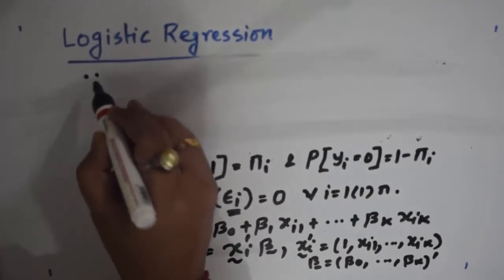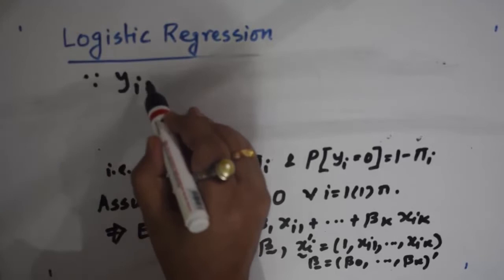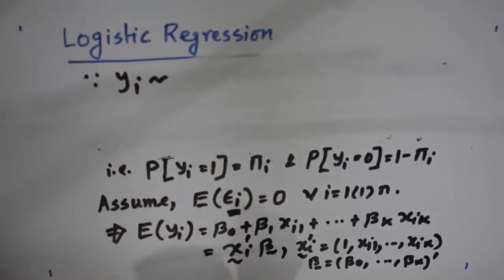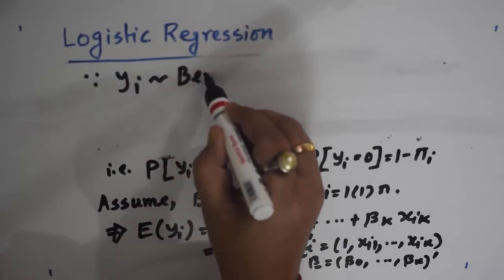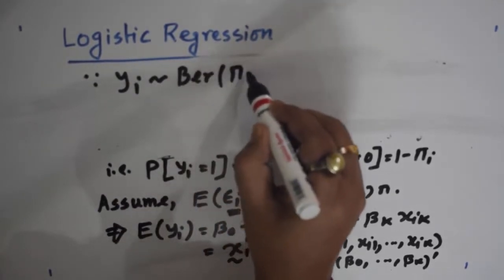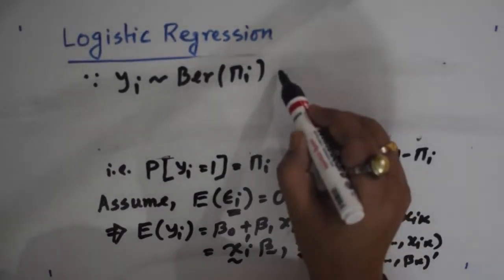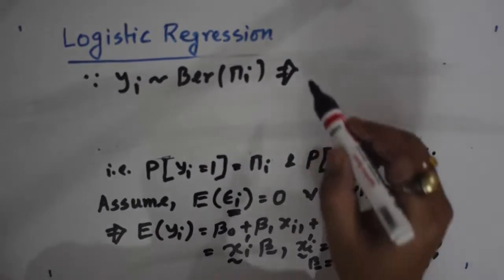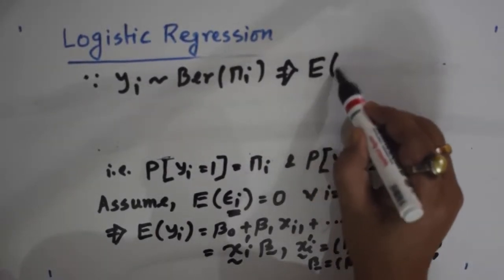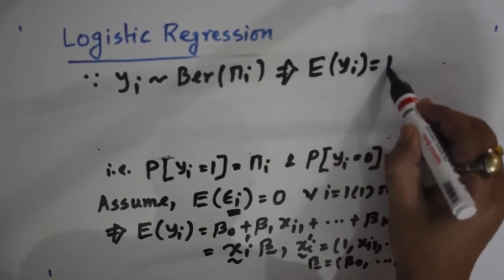Since yi follows Bernoulli pi i, this implies expectation yi equal to pi i.